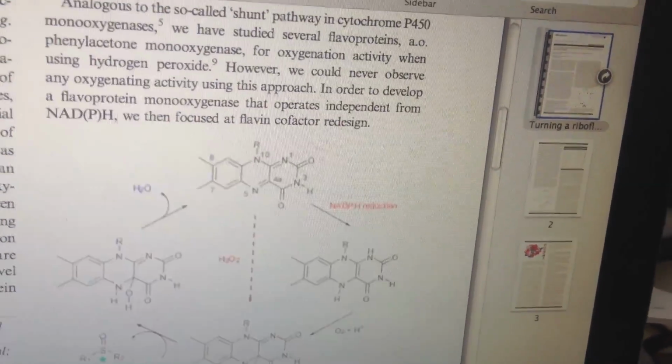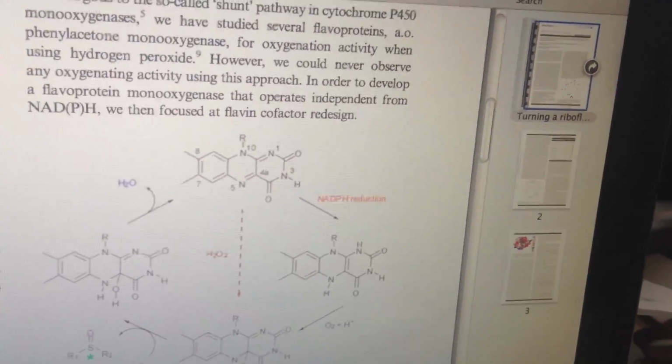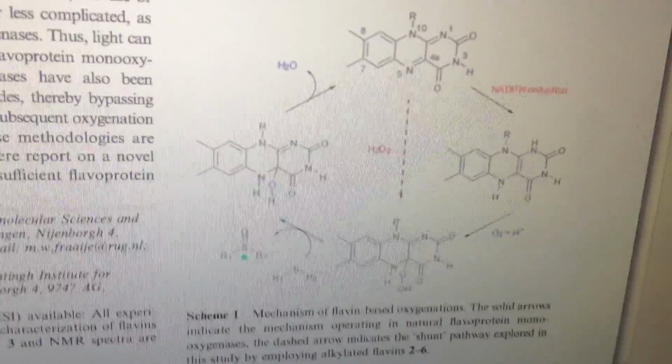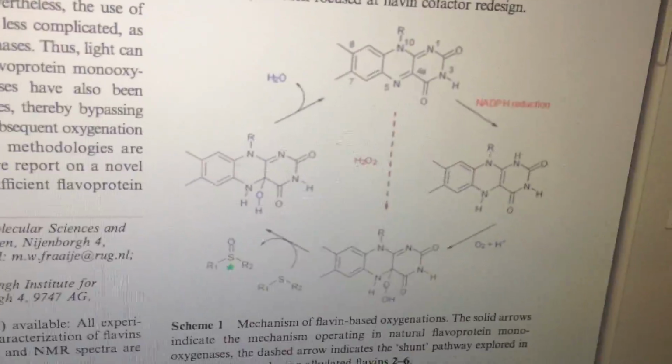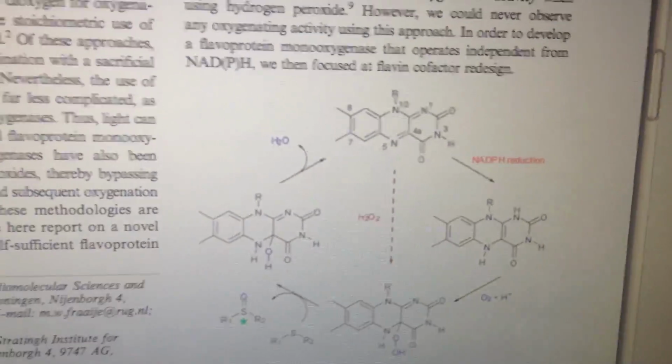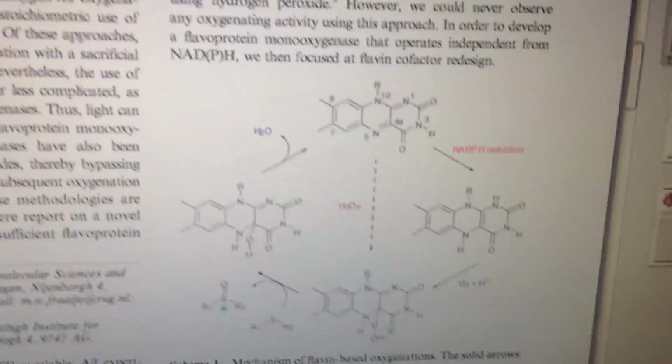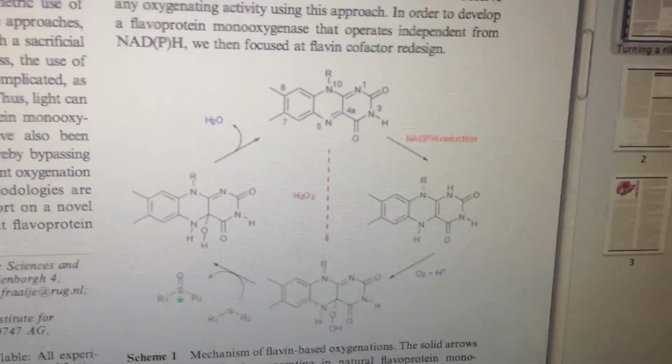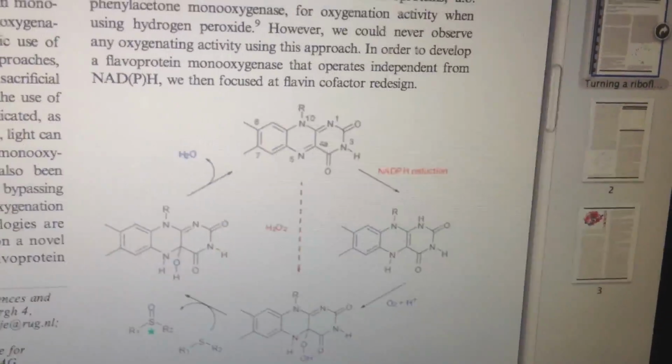The different molecules that they change are two separate R groups that are attached to the original molecule, as well as a flavin structure that's used to create the protein.